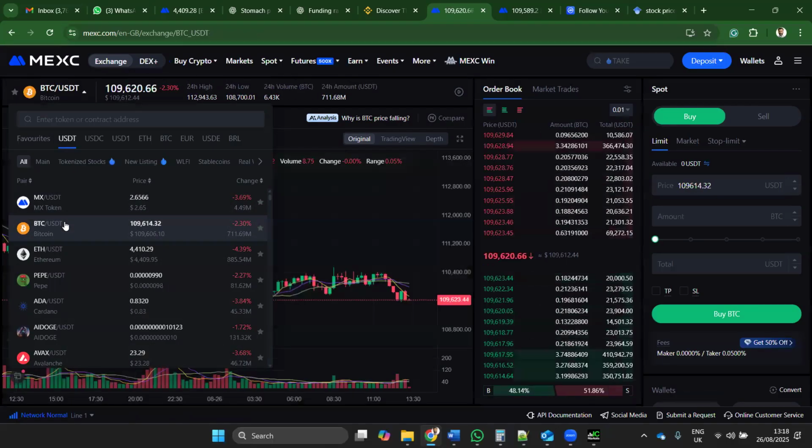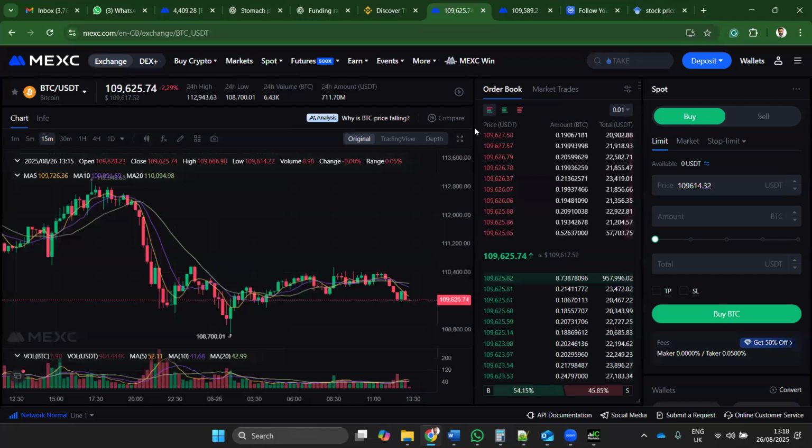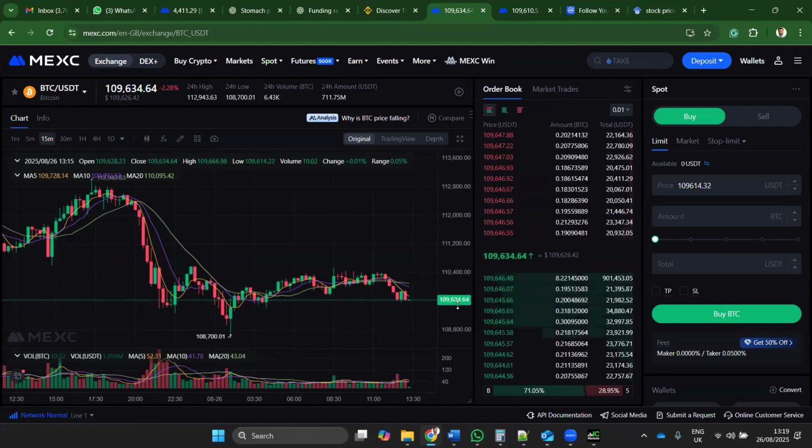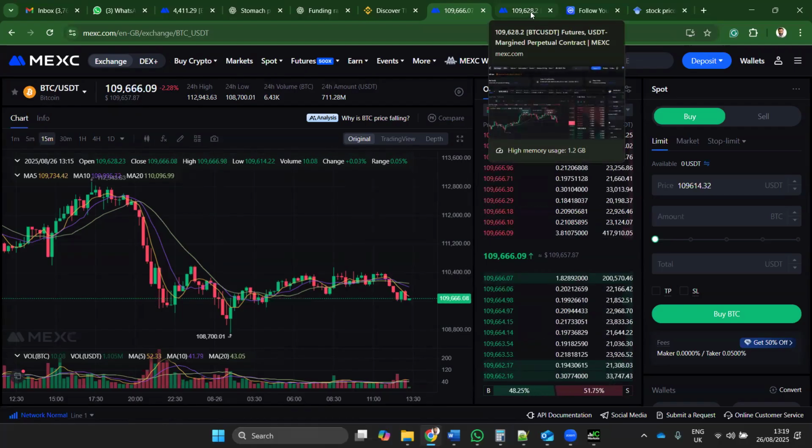BTC, Bitcoin. Now if you look closely, this is the real BTC price of a real asset. So it's 6345. When the market is volatile, usually you see the price difference. Now you can see up here, this is the price of the BTC in the future, and the price is different here.